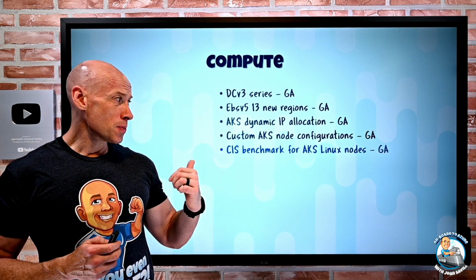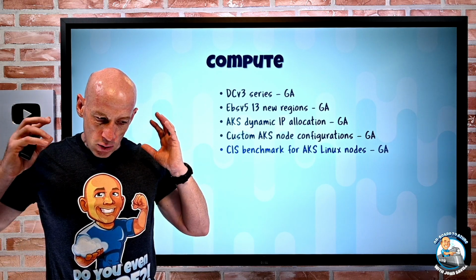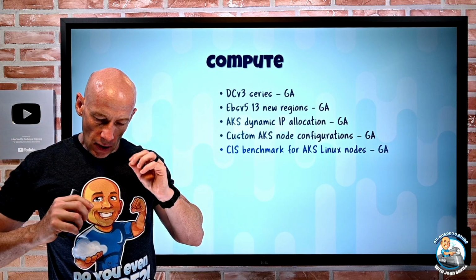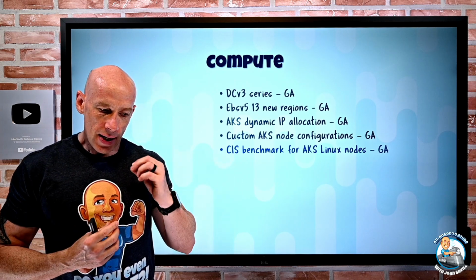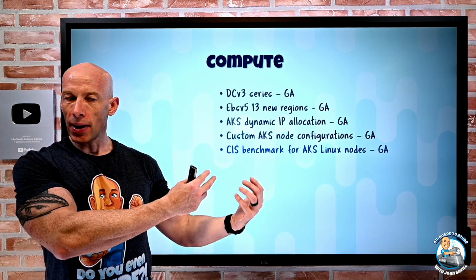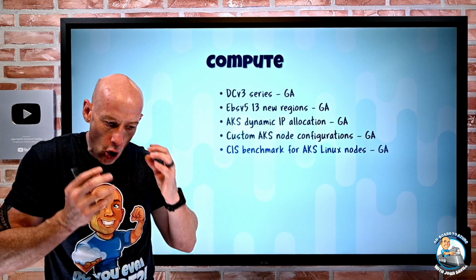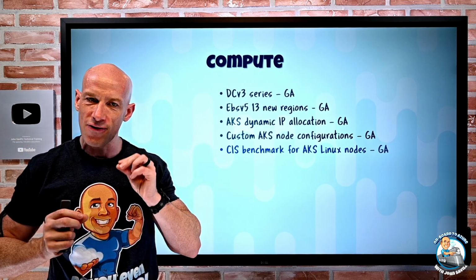The CIS benchmark for AKS Linux nodes has gone GA. This is the Center for Internet Security. When I think about a Linux node, it's using Ubuntu. Now, AKS does not let you pick the operating system. It uses Ubuntu and provides an operating system optimized from a security perspective specifically for AKS.